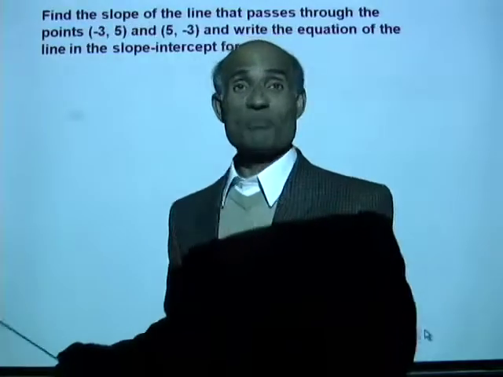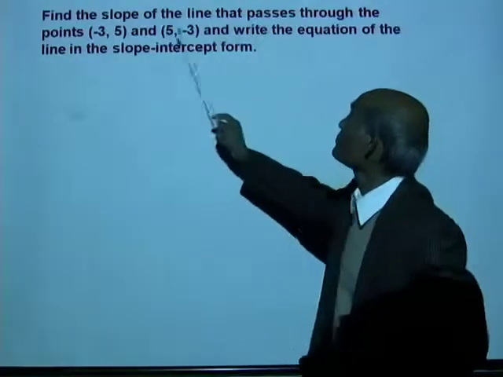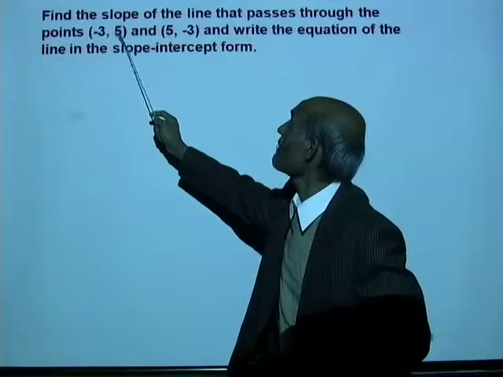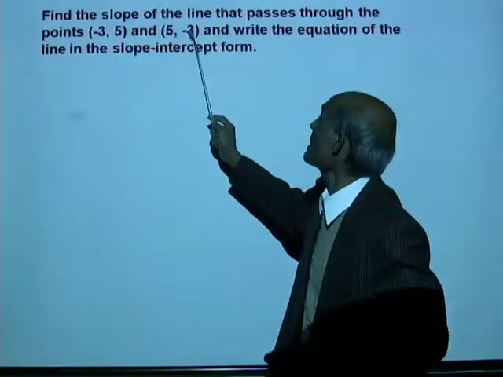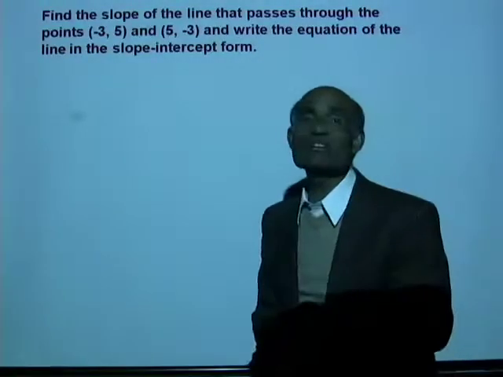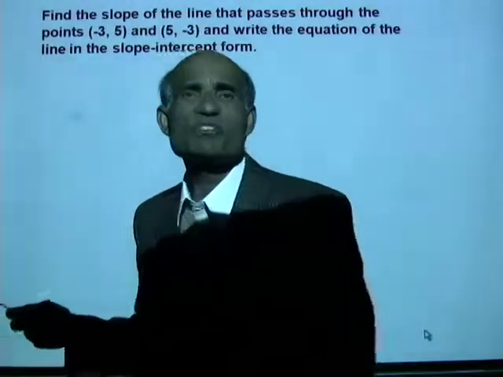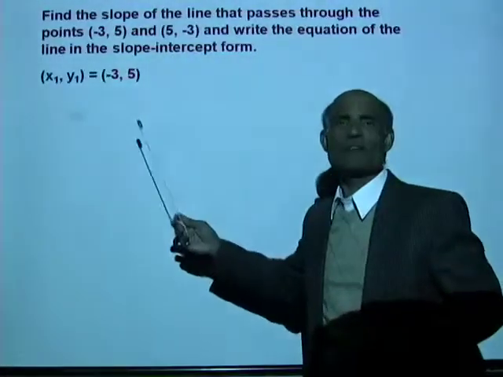Let's now do another problem. Find the slope of the line that passes through the points (-3, 5) and (5, -3), and write the equation in the slope-intercept form. Well, this is the same thing we did previously, so I'm going to go through that quickly.